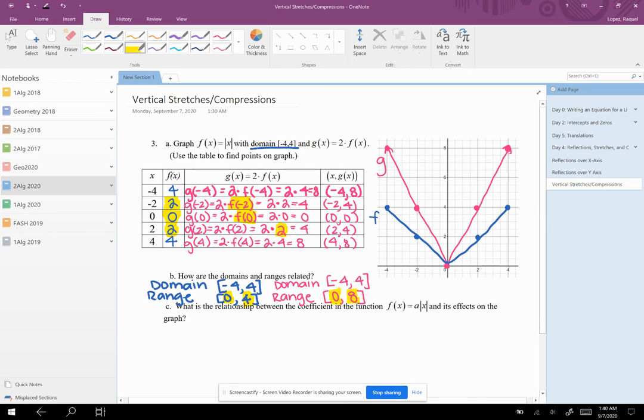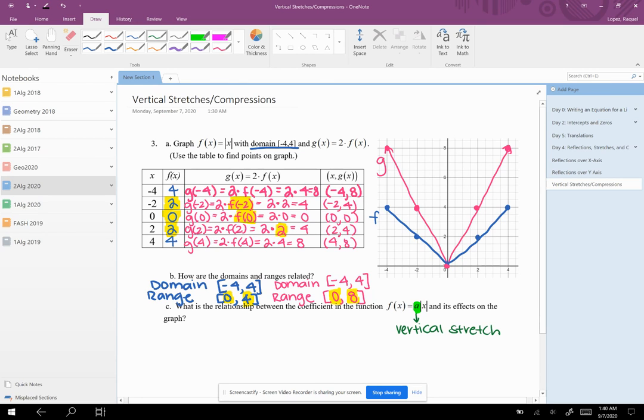So the relationship between the coefficient and the function f of x equals a times x: what this is actually going to give us is a vertical stretch.